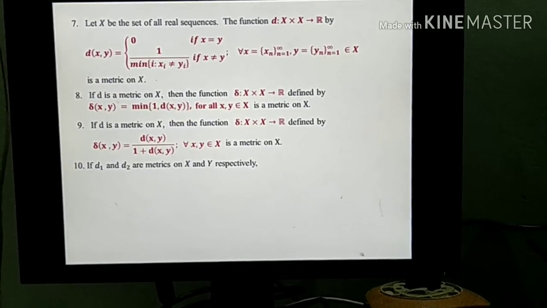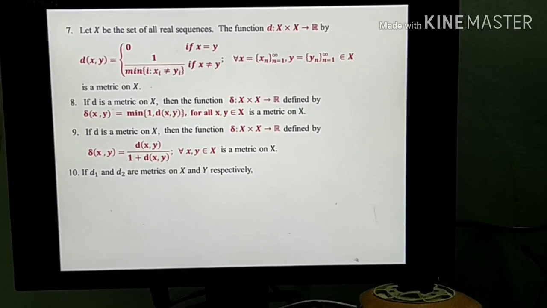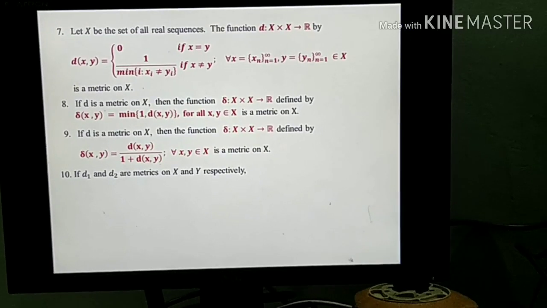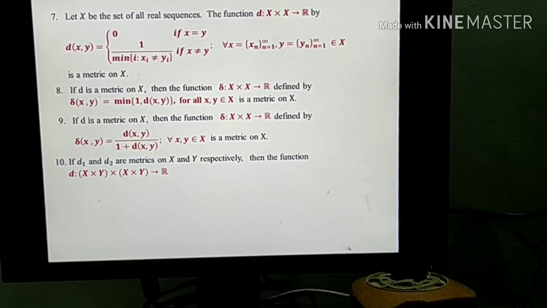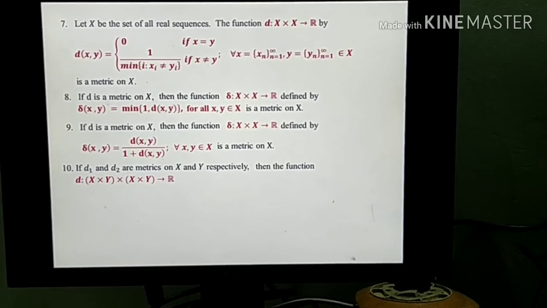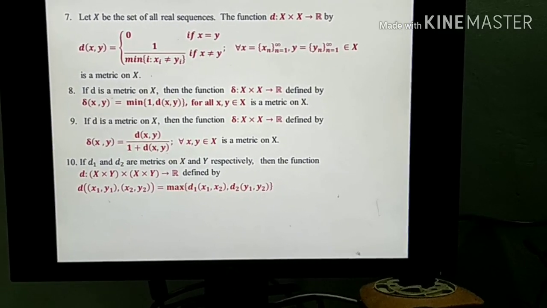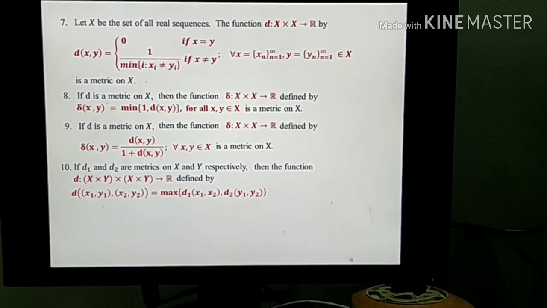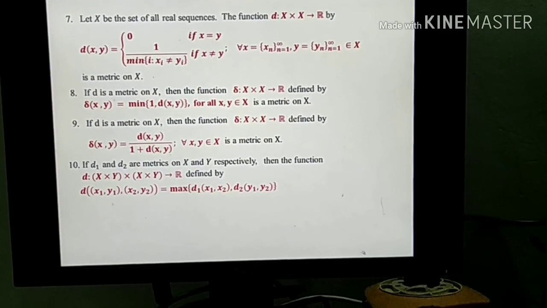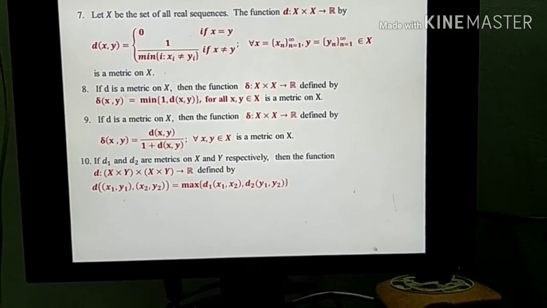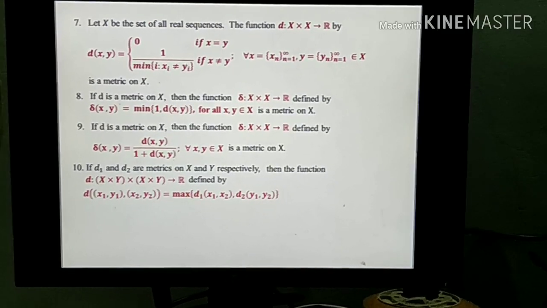Tenth example: if d1 and d2 are metrics on X and Y respectively, then we can define a metric on the Cartesian product of X and Y. Then the function d from X cross Y to R is defined by d((x1, y1), (x2, y2)), where (x1, y1) and (x2, y2) belong to X cross Y. That means x1 and x2 belong to X, and y1 and y2 belong to Y. As d1 and d2 are metrics on X and Y respectively, d1 can be defined on x1, x2 and d2 on y1, y2.